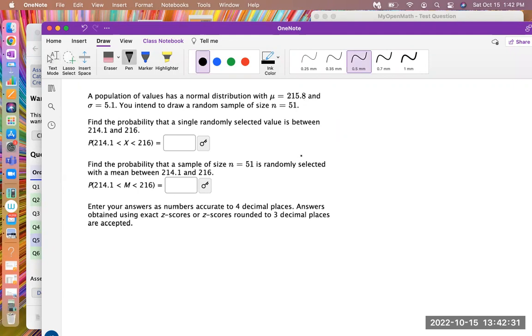You don't have to use the sampling distribution of the sample mean to find this one, because you're finding the probability of a single value being between those, you're not finding the probability that a sample will have a mean between those. So this is not the sampling distribution. This is the original distribution of this population. So we can just do normal CDF.